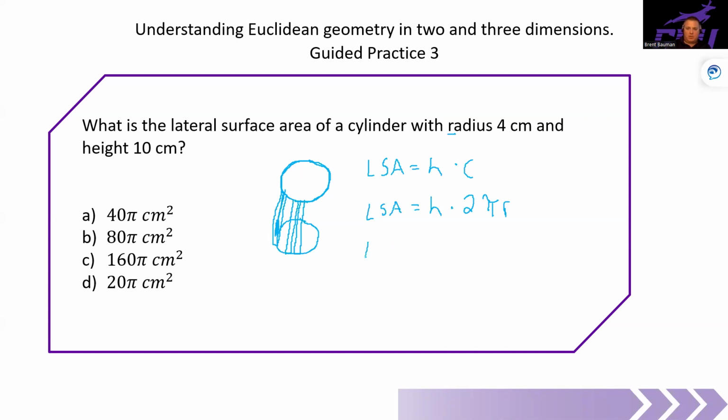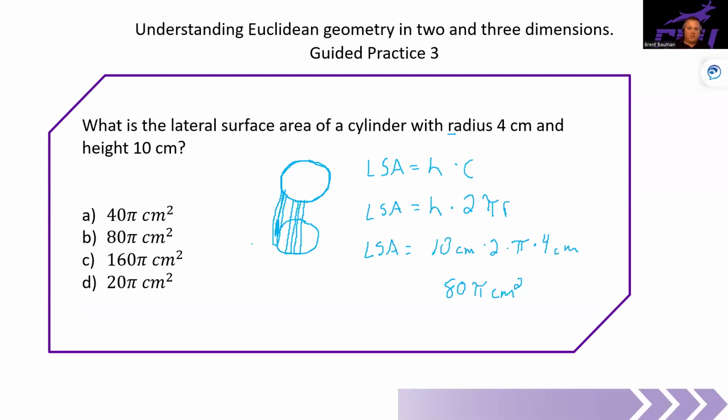So from here, it's plugging in the information. We're given that it's 10 centimeters times 2 times pi times 4 centimeters. So we get 20 times 4 is 80. We have our pi, and we end up with our centimeters squared.